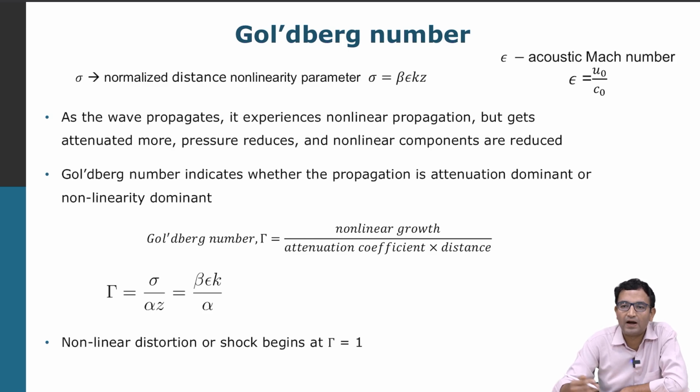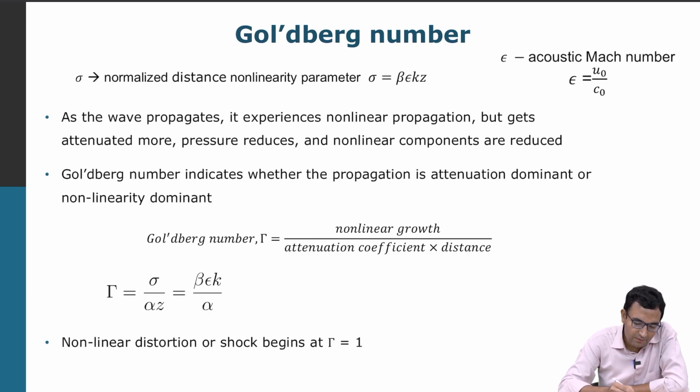You may have heard of a fighter jet going at Mach 1 or Mach 2. Here this Mach number relates to the speed of the particle relative to the wave speed, so u naught by c naught. This is the Mach number, and a higher Mach number is going to lead to higher nonlinearity. Beta, as you saw in the previous slides, is 1 plus B by 2A. K is the wave number, 2 pi by lambda, and z is the distance, like I mentioned.